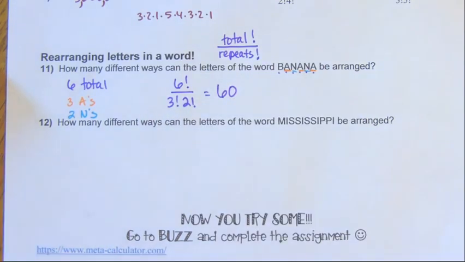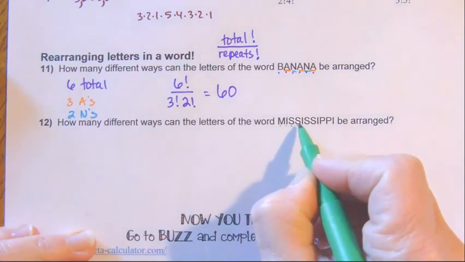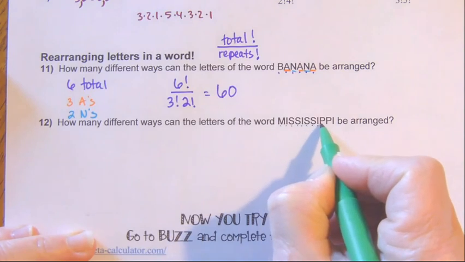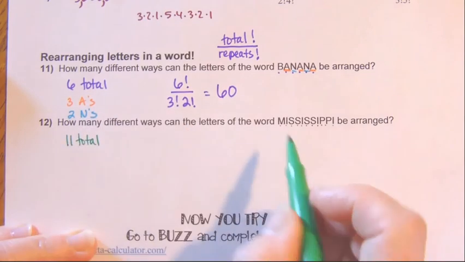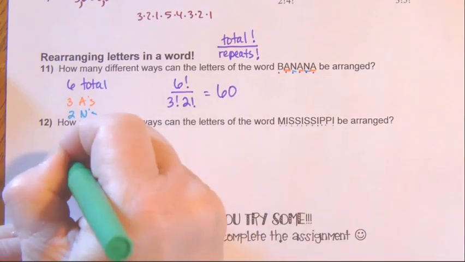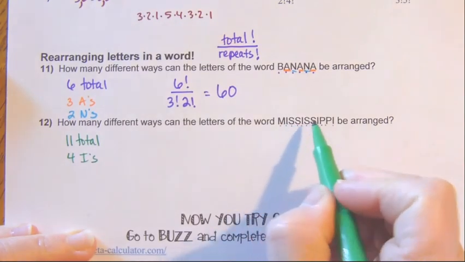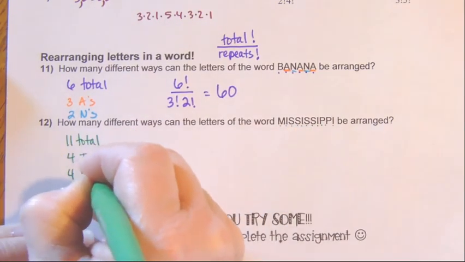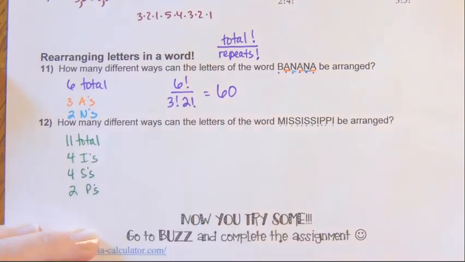Okay, one more here. Mississippi. It's got a lot of letters in this word. So if I count them, 1, 2, 3, 4, 5, 6, 7, 8, 9, 10, 11 total letters. If I look, I've got 4 I's, and I've got 4 S's and 2 P's.